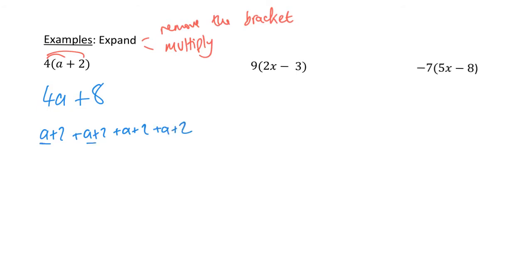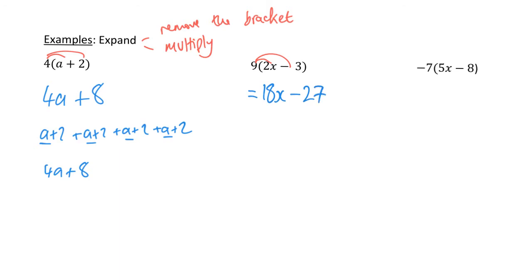We've got 4 a's, and we've got 2 plus 2 plus 2 plus 2, which is plus 8. But that's a real hassle, so it's much easier to remember to multiply everything inside the bracket by the term outside. So in the second example, we've got 9 multiplied by 2x. 9 lots of 2x get us 18x, and 9 lots of minus 3 are minus 27.